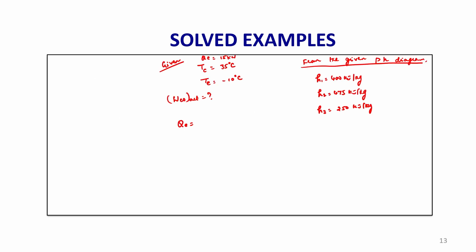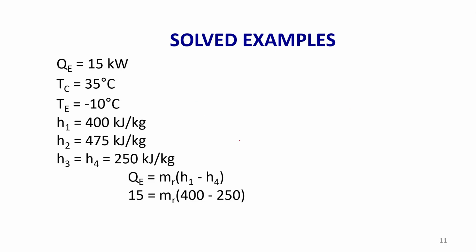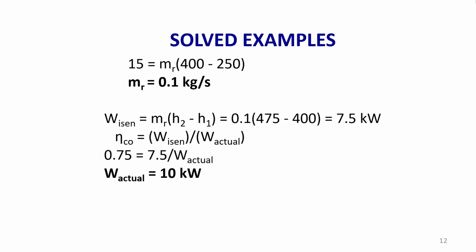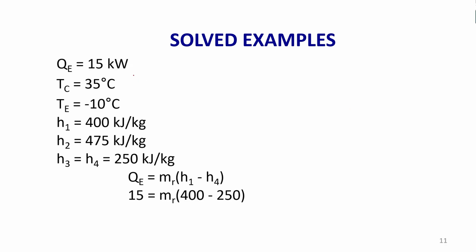Using this, I can find out how much refrigerant is circulated. H1 minus H4 we can take from the pH diagram, so you can find the mass flow rate of the refrigerant circulated, in kg per second.